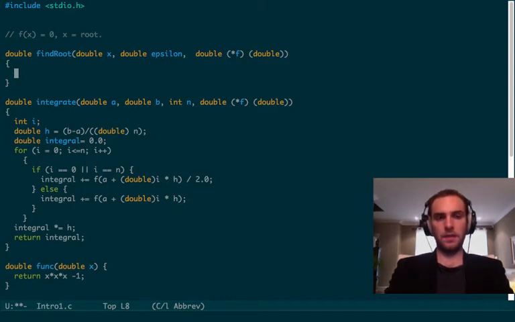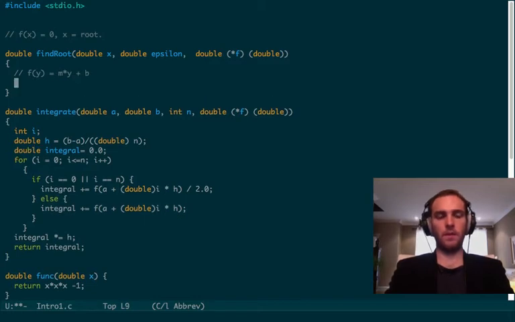So the basic idea is that imagine that f of y is equal to some constant m times y plus some other constant b. Right? What's the zero of that function? Well, you say f of y equals 0.